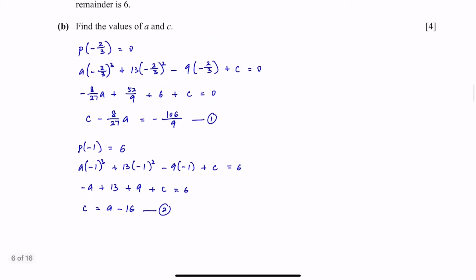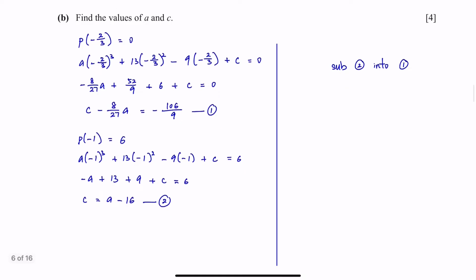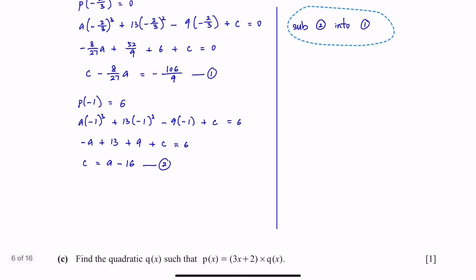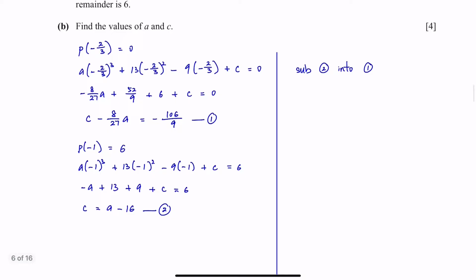And we can sub the second equation into the first equation. And we would have a minus 16 minus 8 over 27 a equals negative 106 over 9.